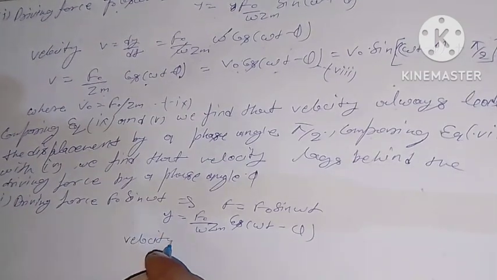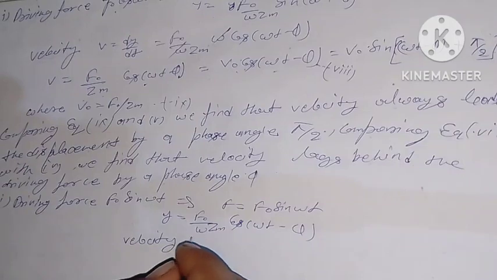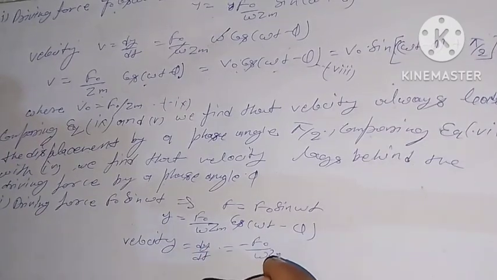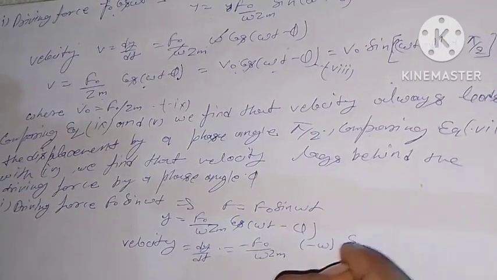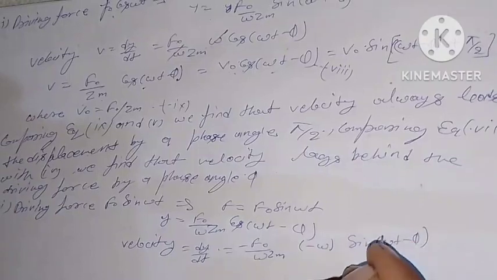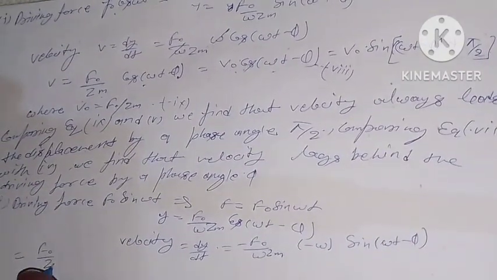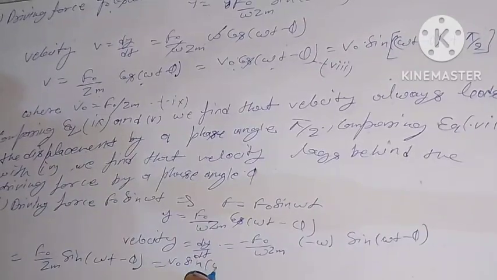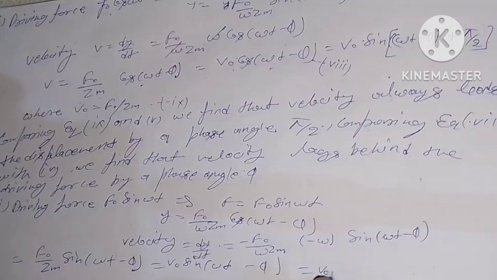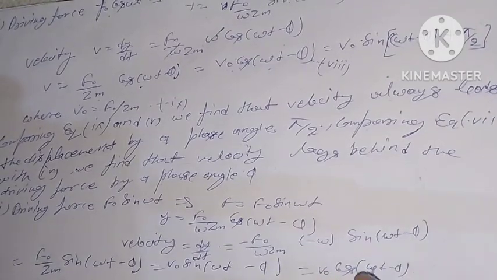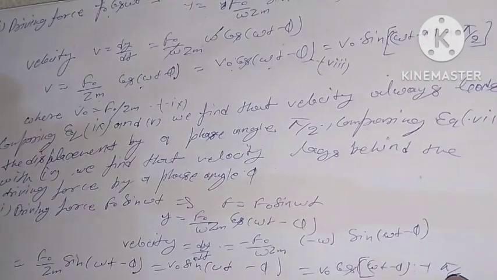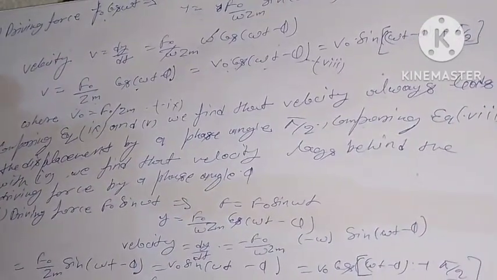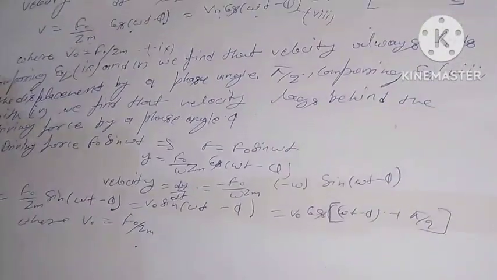Then velocity equal to dy by dt, that is minus F naught upon omega Zm minus omega sin omega t minus phi, equal to F naught upon Zm sin omega t minus phi, equal to V naught sin omega t minus phi, equal to V naught cos omega t minus phi plus pi by 2, where V naught equal to F naught upon Zm.